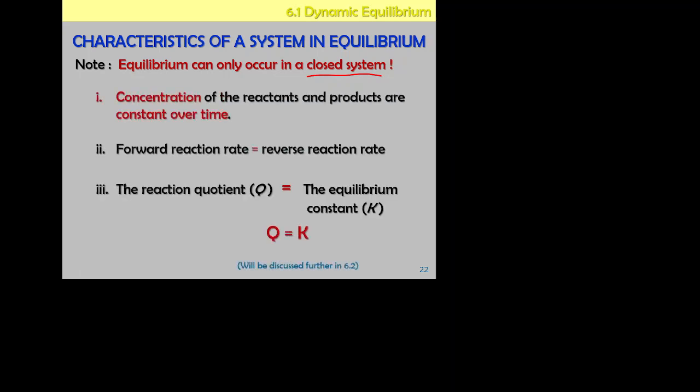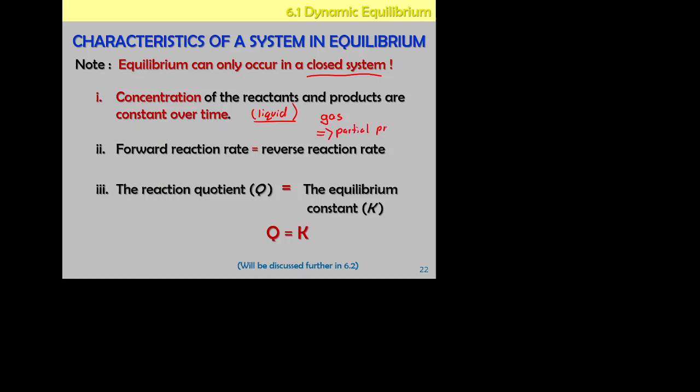In equilibrium, the concentration of the reactants and products are constant over time. But this is only for the liquid phase. For gas, we talk about the partial pressure being the same.